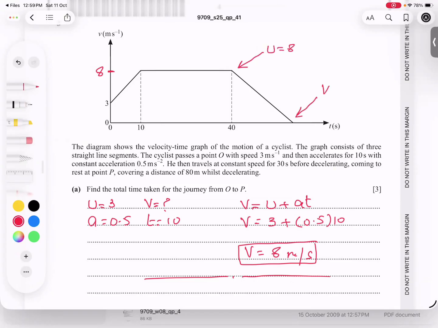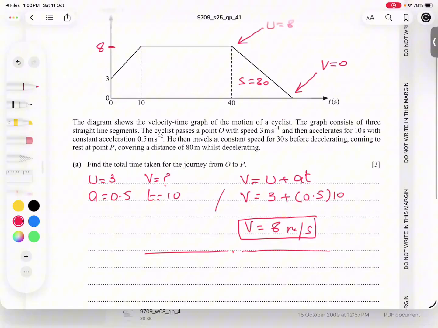The ending velocity here is 0 because it stops, and the distance traveled during this is 80 meters. Again, I can use half times base times height, or I can use the same formula to get the time, let's say this is a time t.